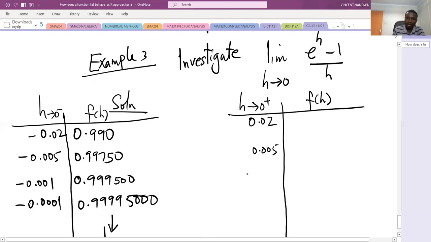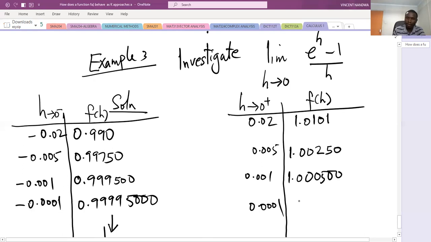And then for this other one, you pick 0.02, 0.005, 0.001, 0.0001. When you put into the function, this will give you 1.0101. This will give you 1.00250. This will be 1.000500.